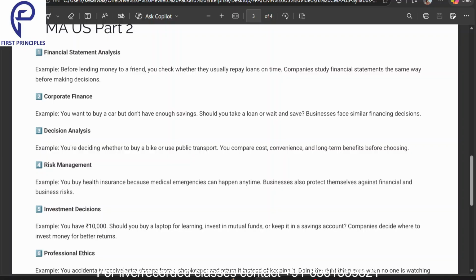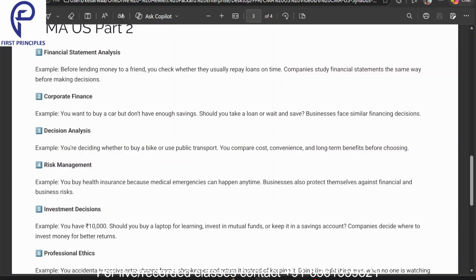Coming to section B, the second part of CMA US Part 2, which is about corporate finance. What happens in this section? We study, for example, whether you want to buy a car, and if you don't have enough savings, you will take a loan. This is an example in layman's terms.